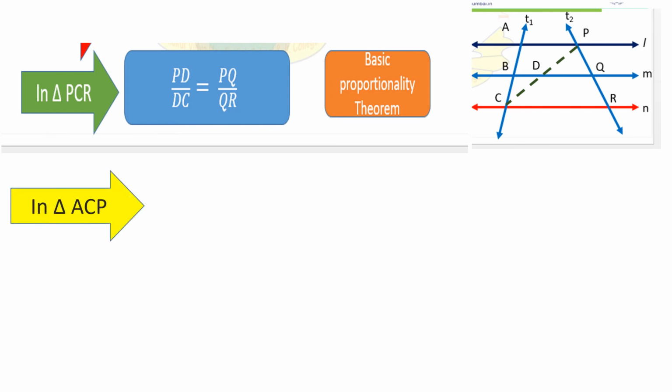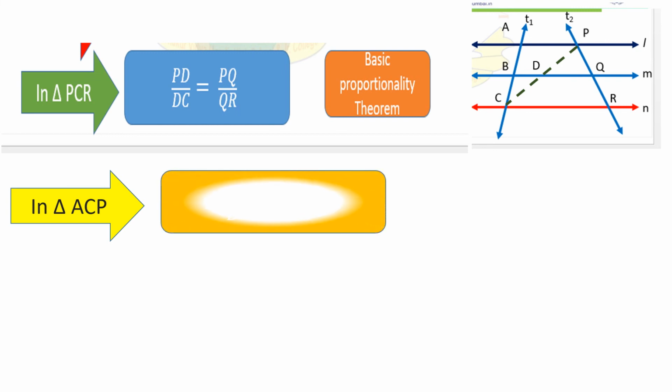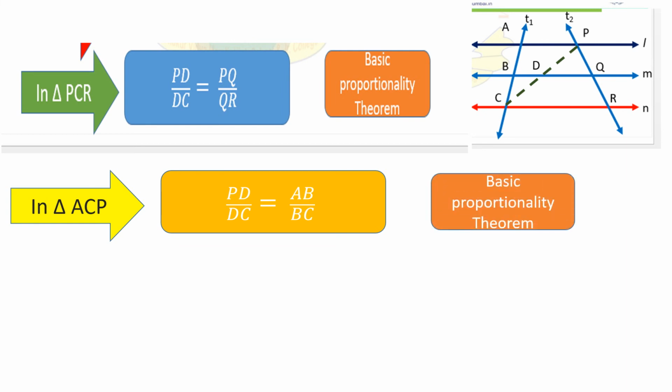In this triangle ACP, we have BD parallel to AP. If I use that, I'll get PD upon DC equals AB upon BC. You can see the right hand side of this equation is AB upon BC, which is the left hand side of our to-prove. We have got this using the basic proportionality theorem.